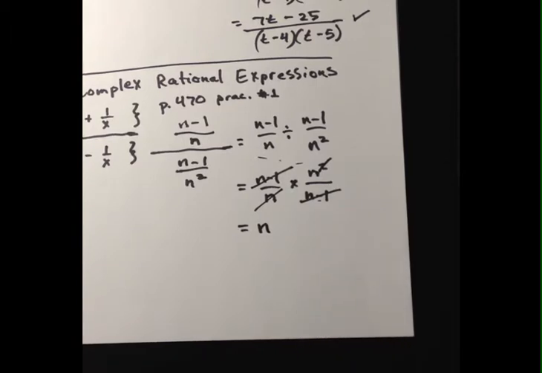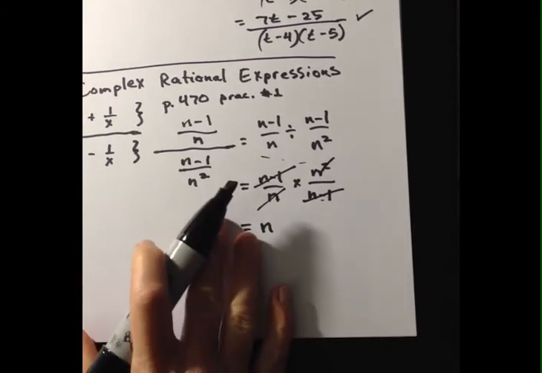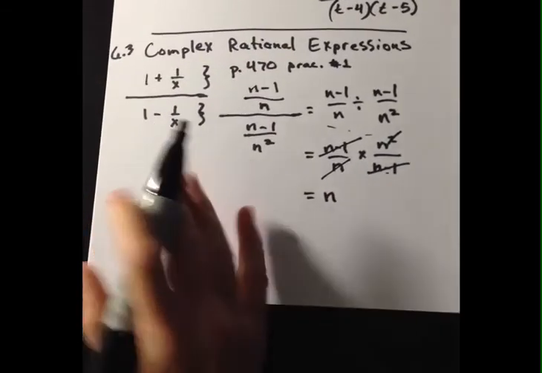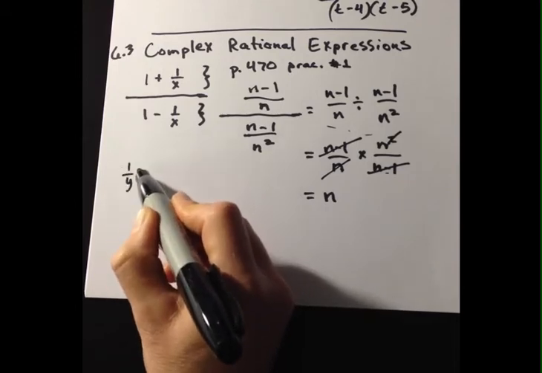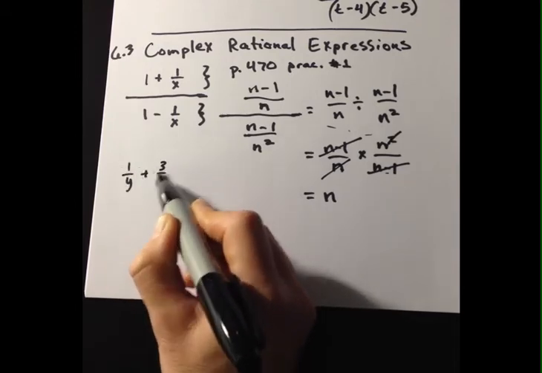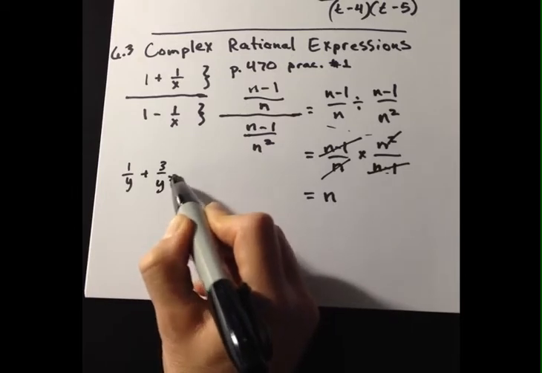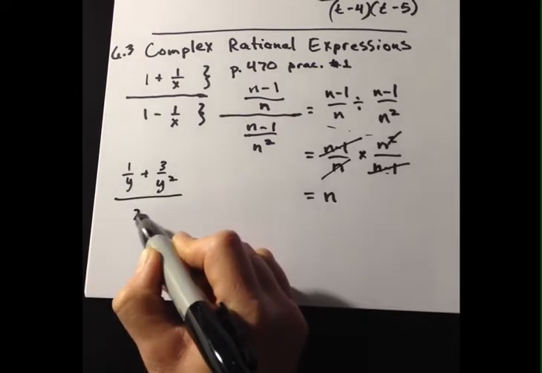Let's do another example. Say we have 1 over y plus 3 over y squared all over 2y.